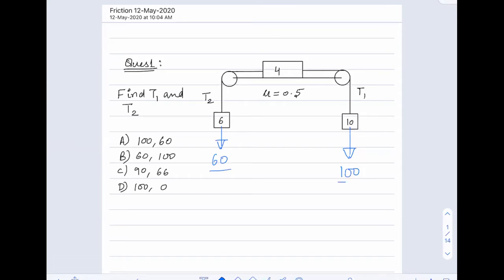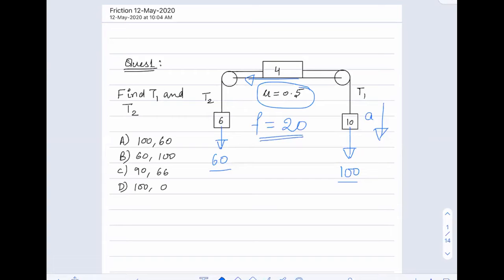Now, there will also be a force due to this friction. Suppose this 10 kg block moves down with acceleration a, okay, downward direction. So there will be a friction in this direction. So there will be total force, that is 100, 60, and the frictional force will be how much? 20.